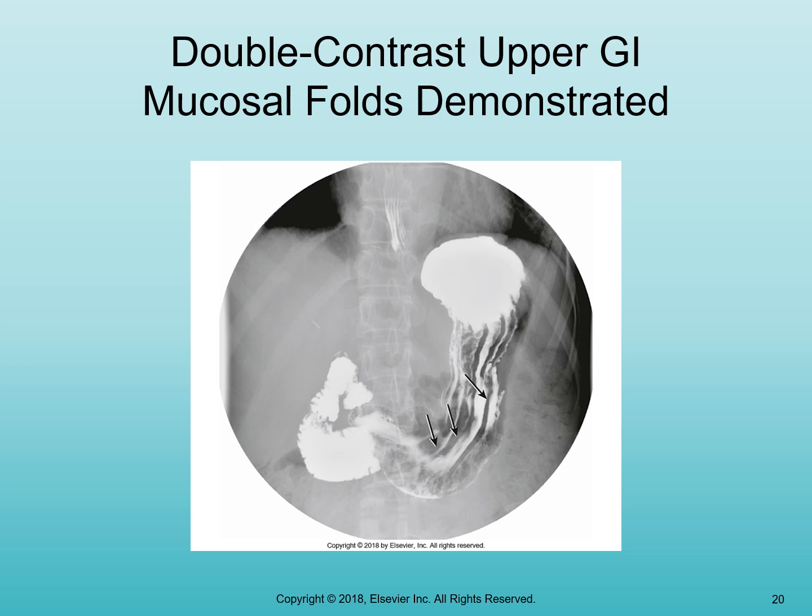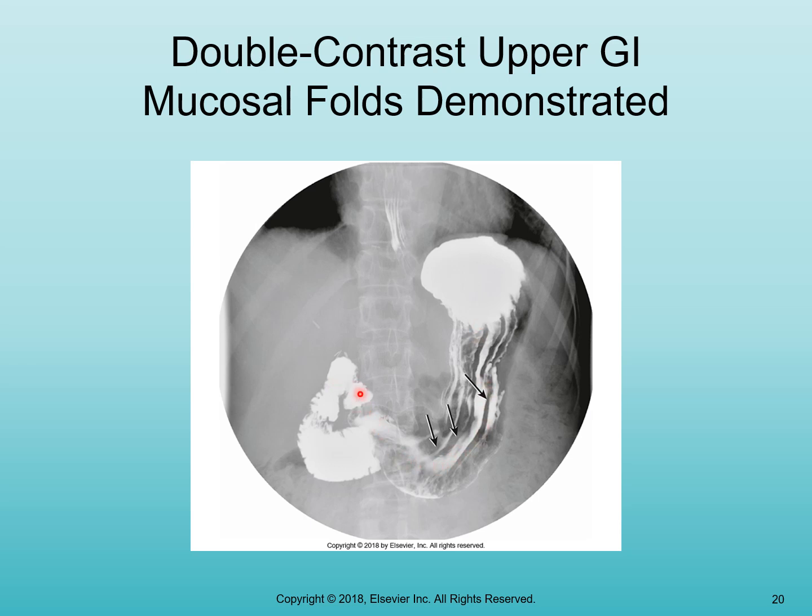You can see on this double contrast the mucosal folds in the stomach. That is your rugae. And rugae allow for expansion of the stomach so that it can hold more food. You also have rugae in your bladder. So this is the fundus full of barium. The body and pylorus tend to be full of air.